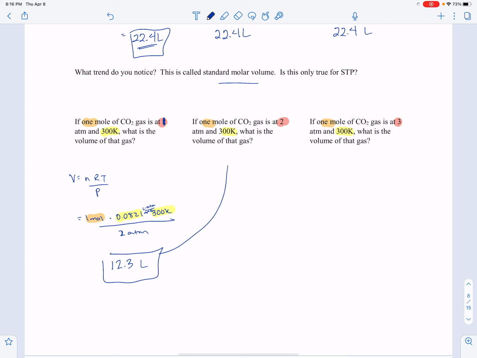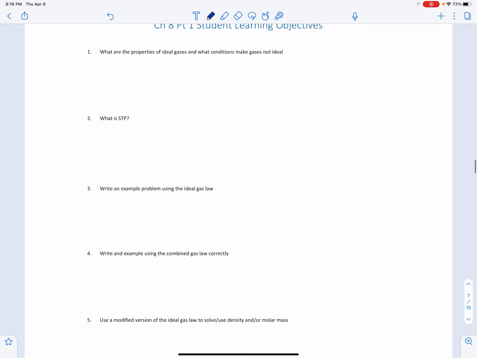So this really matches with the CO2. So 22.4 is only true for the volume of 1 mole of gas at STP.